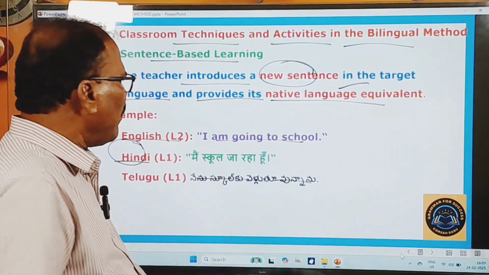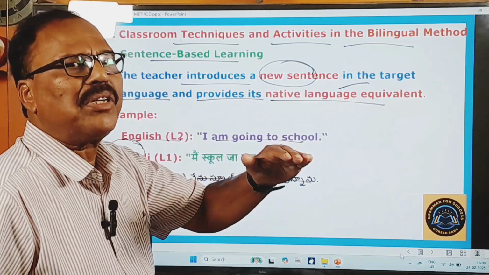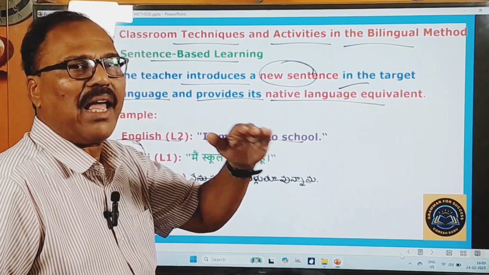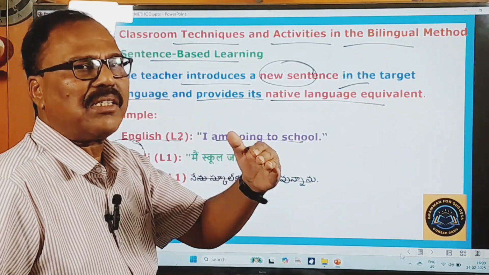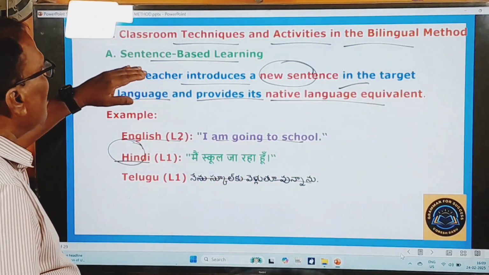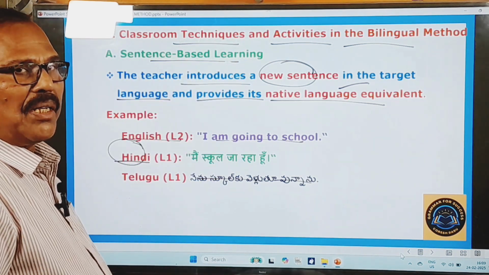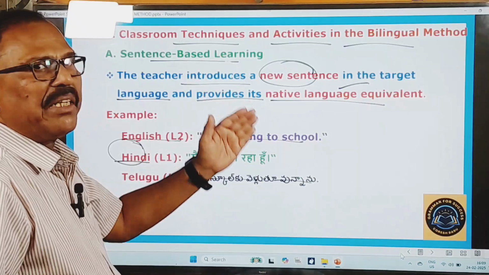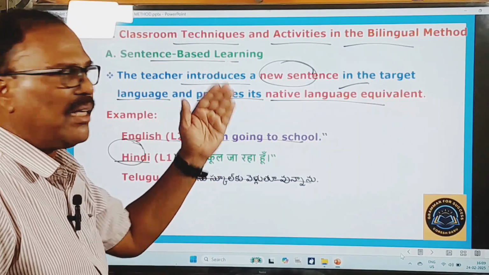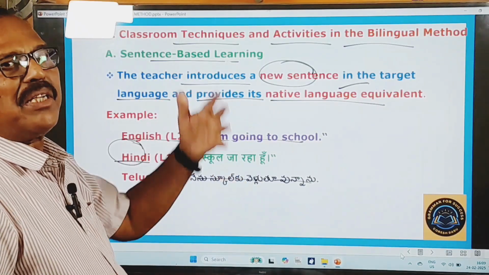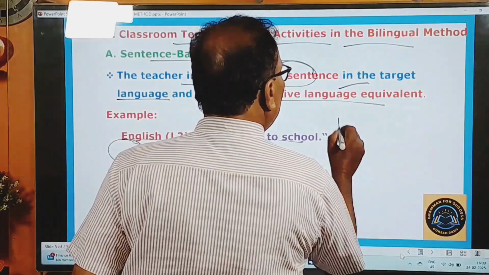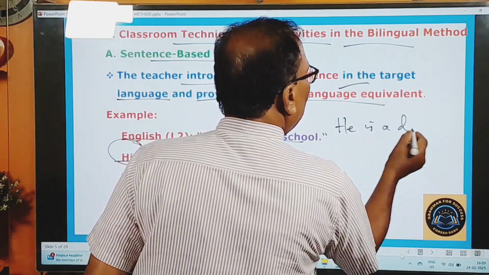They can understand. In this way, they learn sentences together. In the target language, they learn so many sentences. That's why this learning is called sentence based learning, not word based learning. In this way, the teacher will give so many sentences. Like this: he is a doctor.